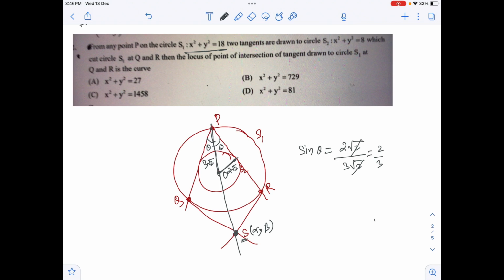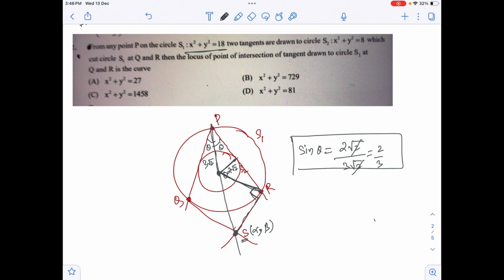Now using this, we have to relate the lengths OS and RS, right? If I join O with R, this angle is going to be 90 degrees. Because to get length, we need to come up with some triangle, right? In a triangle, we'll have angles, and that will give distances. So sin theta is already known to us, it's 2 by 3.